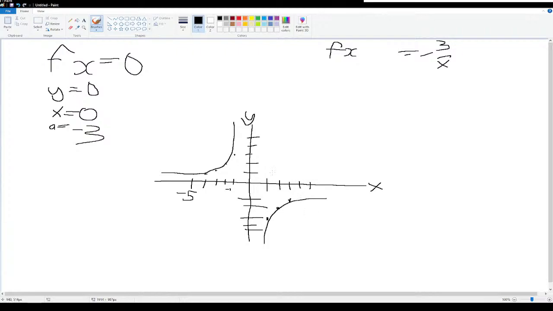Okay, so quick recap. This is our y asymptote, because the plus q that's supposed to be here is not there, which means q is equal to 0.